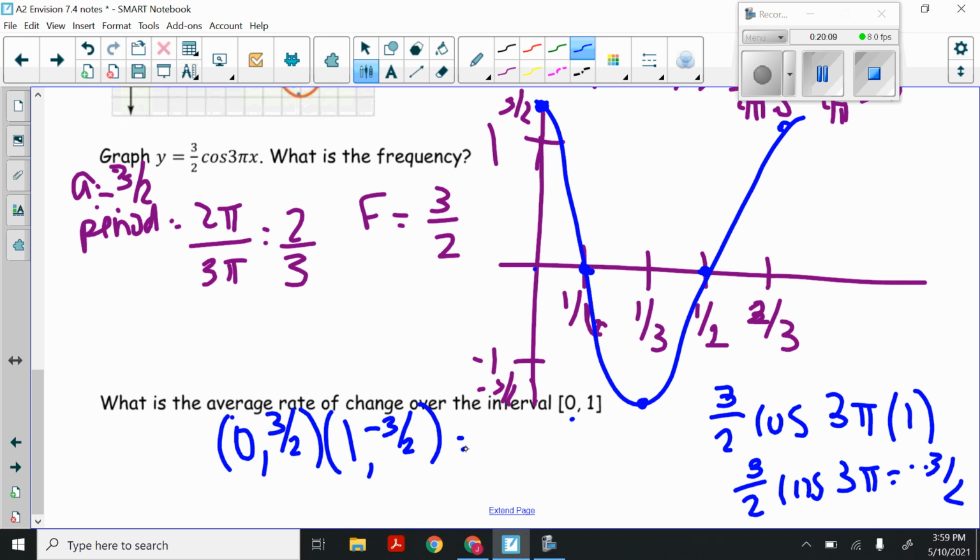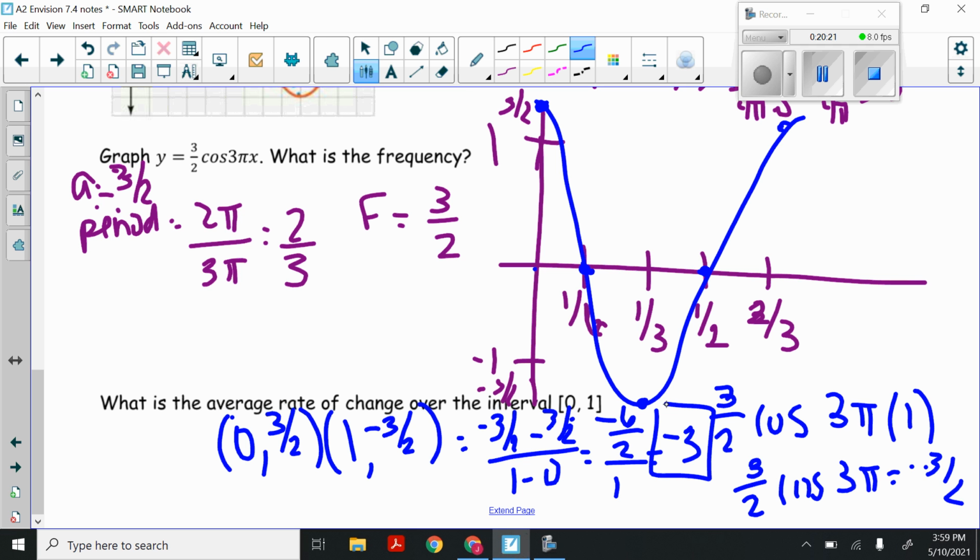So my average rate of change, -3 halves minus 3 halves over 1 minus 0. So this turns to -6 halves over 1, which turns to -3. So my average rate of change is negative. If I had wanted to continue this using the graph, right? So I see each of my intervals are 1/6, right?